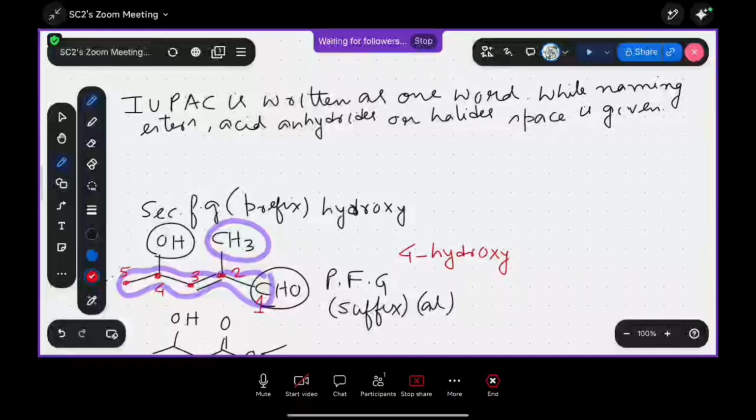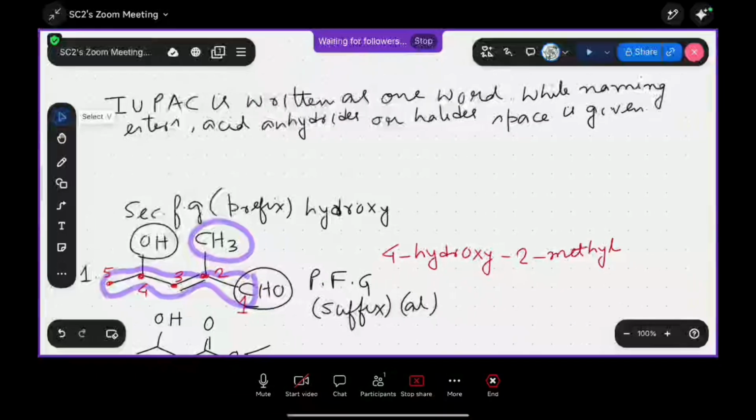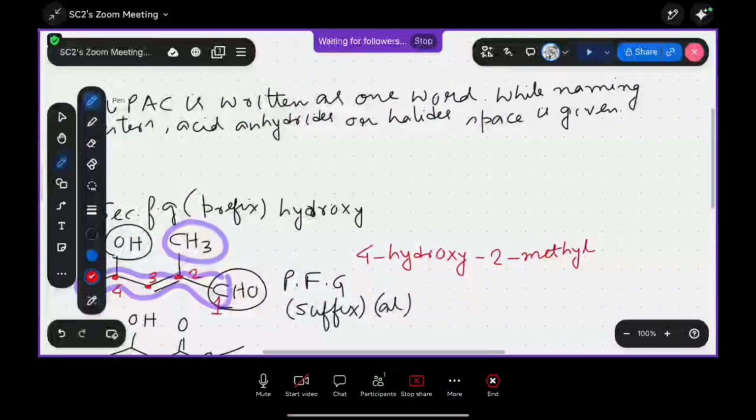So 4-hydroxy, 2-methyl. You don't follow the number sequence, you follow the alphabetical sequence. H alphabetically lies before, whereas methyl M comes after. So 4-hydroxy, 2-methyl, and then after that we write that there are 5 carbon atoms, so pent.